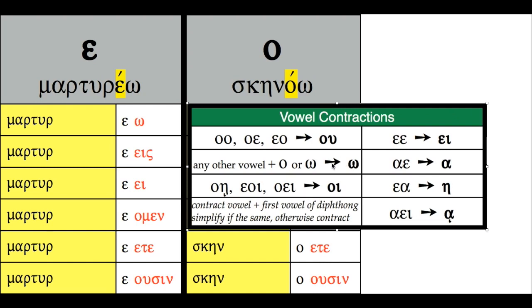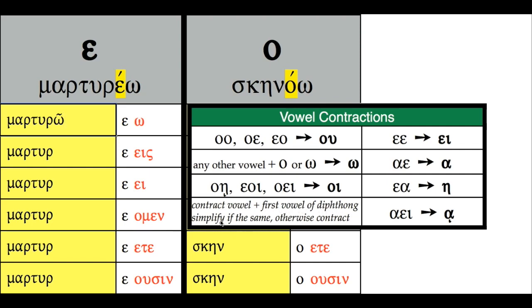Now some fun with an epsilon contract. And again, some people debate my definition of fun, but anyway, here we go. Epsilon, omega. Okay, what's our rule here? Any vowel plus the omega is just an omega. Okay, so that just becomes martyr O, like that. Okay, now let's look at this one. Ace, epsilon plus epsilon iota. Here we have an example of another a contract verb coming into contact with a diphthong.